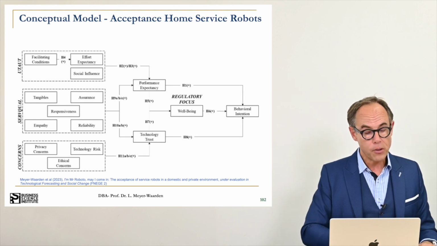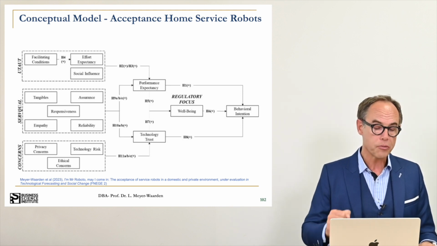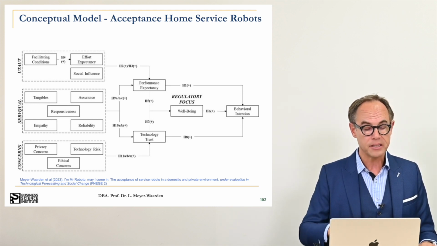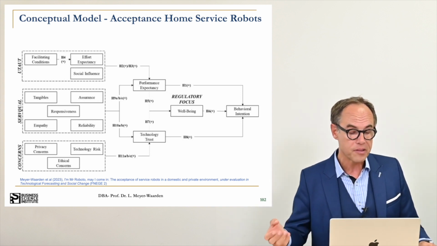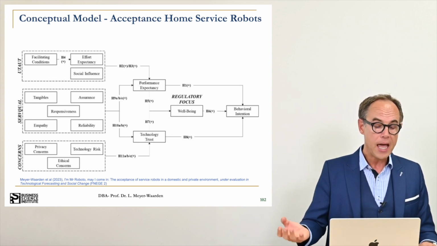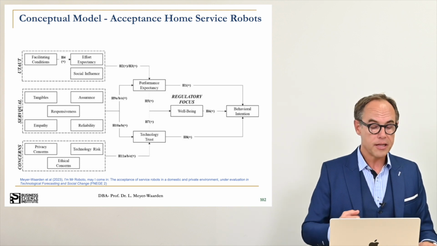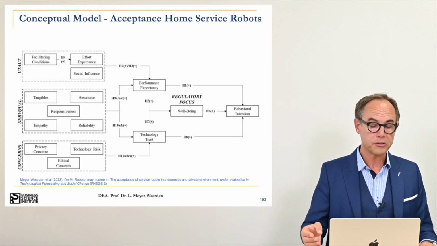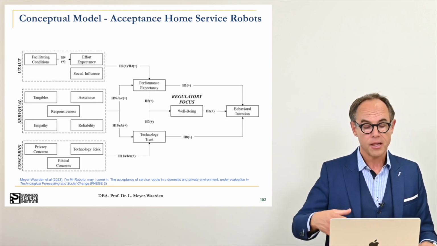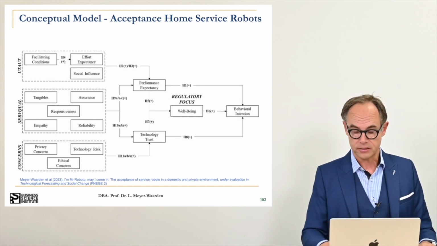We have the SERVQUAL framework with tangibles, assurance, responsiveness, empathy, and reliability, impacting positively performance expectancy and trust. And we have the risk conceptual model with privacy concerns, technology risk, and ethical concerns, impacting negatively trust.